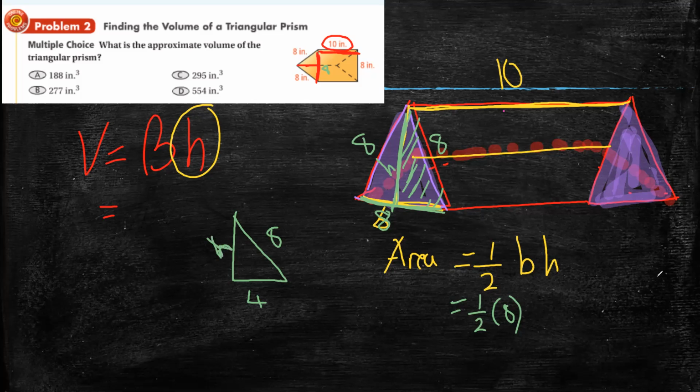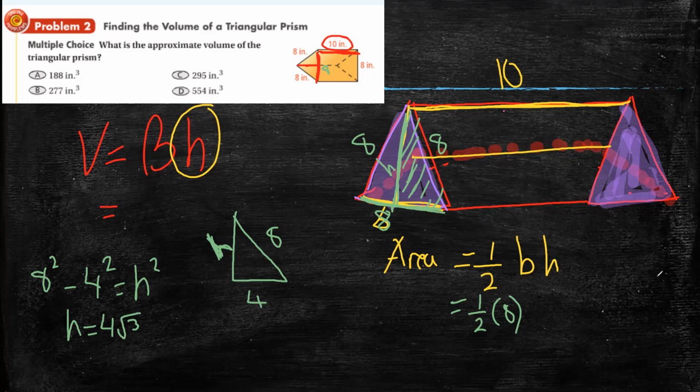So to find the height of the triangle, you will say 8 squared minus 4 squared equals h squared. 64 minus 16 is, sorry, 48. So 48 is h squared. So h is the square root of 48, which is 4 square root of 3.